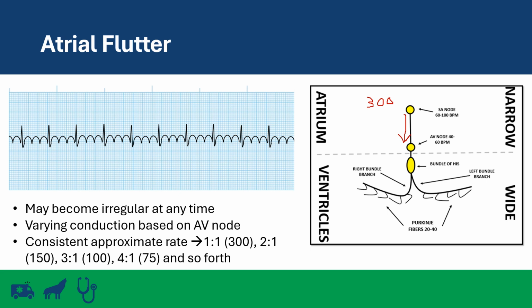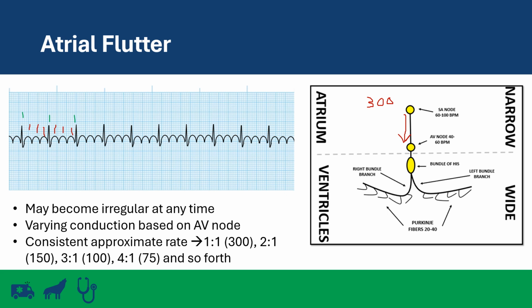and what you have is a rhythm with a lot of P wave looking waves called flutter waves, and then eventually you will have a QRS complex. So in this particular situation, we've got 3 flutter waves to 1 QRS.